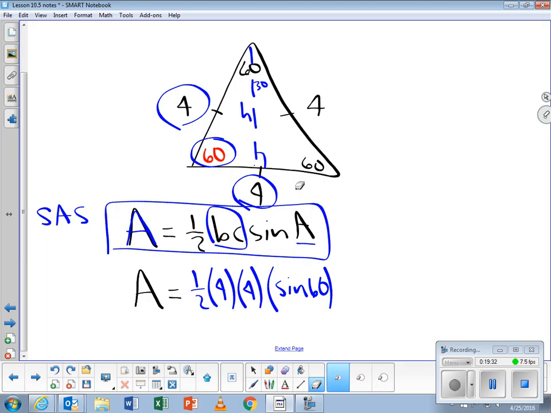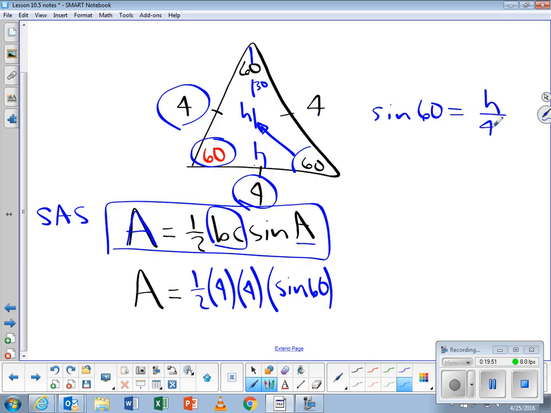We used trig and we said this is opposite of 60. And so we said sine of 60 is equal to opposite over hypotenuse. So h is equal to 4 times sine 60. Well, that's where this came from. That 4 sine 60 is that height.